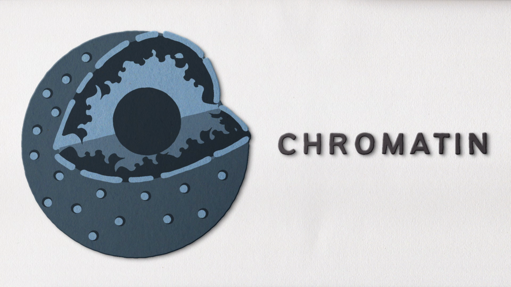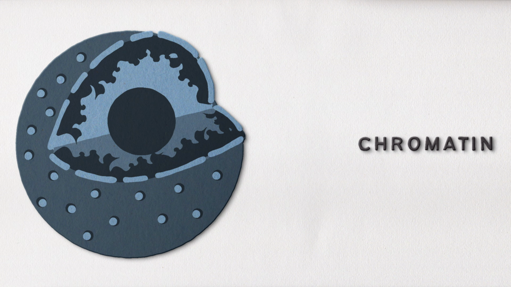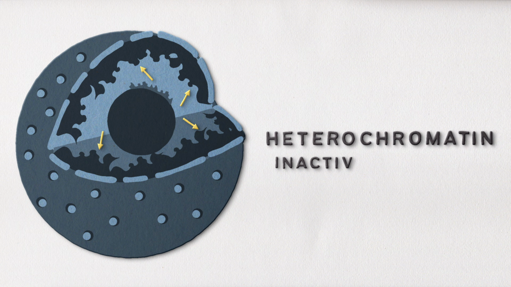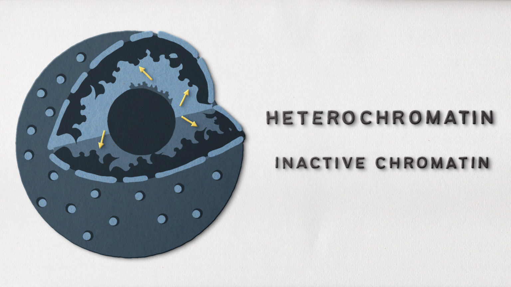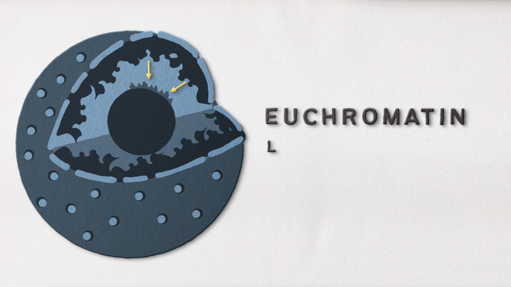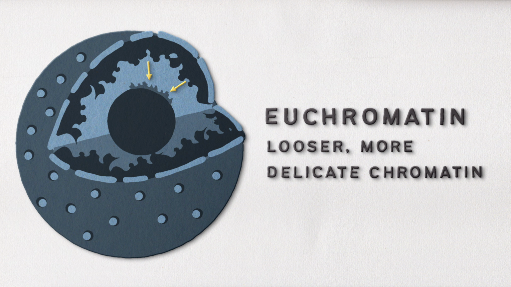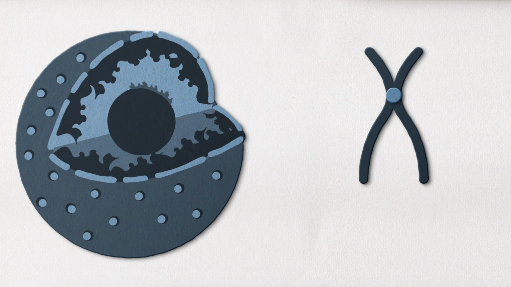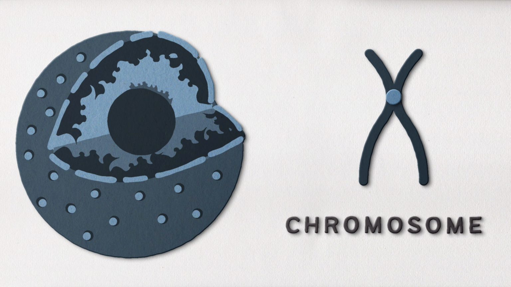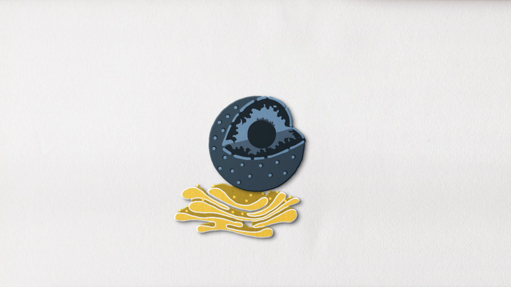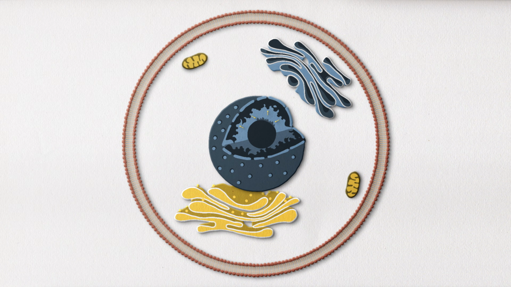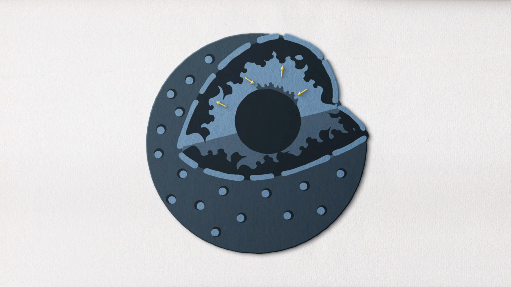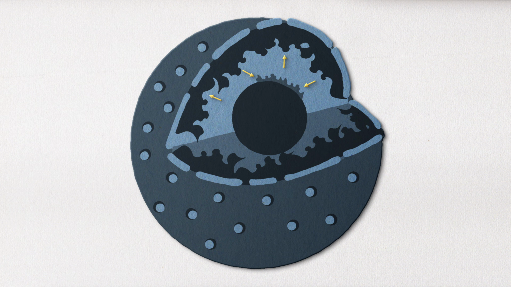And chromatin can be classified even further into heterochromatin, the inactive form of chromatin, and euchromatin, the looser, more delicate form of chromatin. Chromatin in all its forms comes together during cell division to form chromosomes. The nucleolus is the final feature we'll talk about, and it actually directly relates to chromosomes and chromatin.